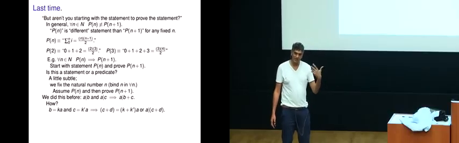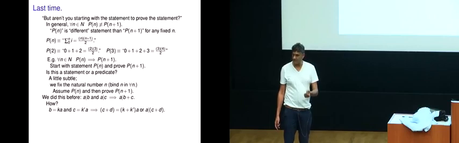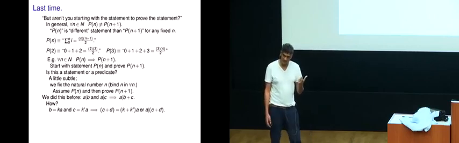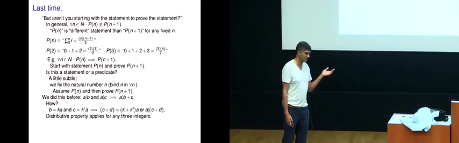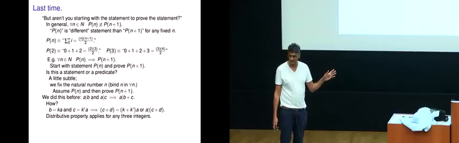I'm proving many statements for all the natural numbers A, B, and C, because the distributive property holds for any three integers.